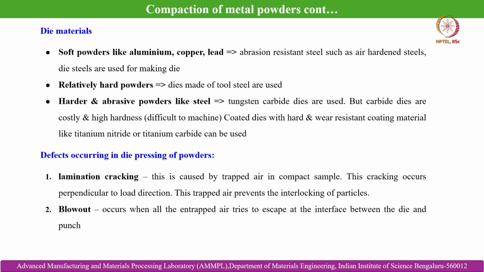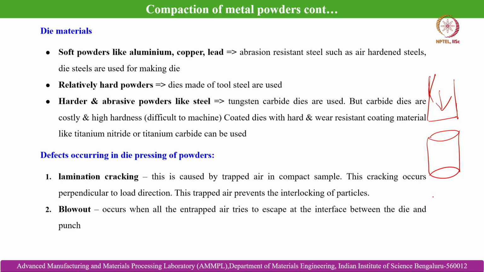So, defects occurring during die pressing of powders include lamination cracking. This is caused by trapped air in the compact sample. This cracking occurs perpendicular to the loading direction. So, again assume that this is a cylindrical compact and we are doing uniaxial pressing from both the directions.